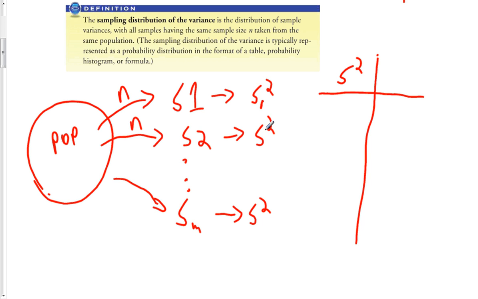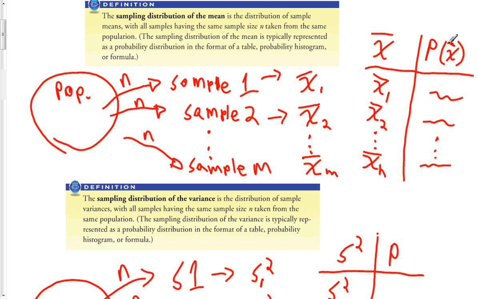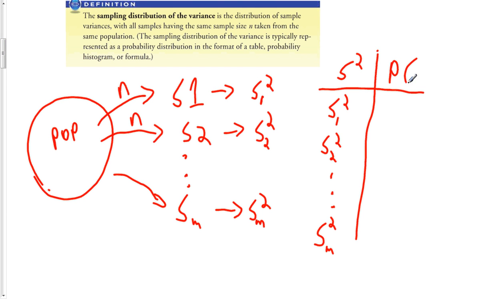This would be s squared from the first sample, s squared from the second sample, all the way down to s squared from the mth sample, and then we find the probability of each s squared value. Just like up here we found the probability of each x bar, down here we're finding the probability of each s squared value. Those probabilities would go here and form this probability distribution for the sample variance.